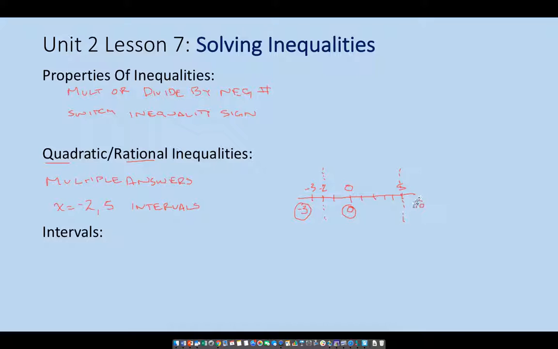Pick numbers that are going to be easy for you to work with, but you're going to plug these test cases back into your original inequality, and it'll either be true or false. If it's true, then that means it would be everything to the left here. If it were false, then that doesn't work, and solutions wouldn't be here. And probably this one would be true, and then you'd have everything to the right. This is going to be your strategy when you have quadratic or rational inequalities. So you'll have multiple answers. These are the intervals that we're talking about.